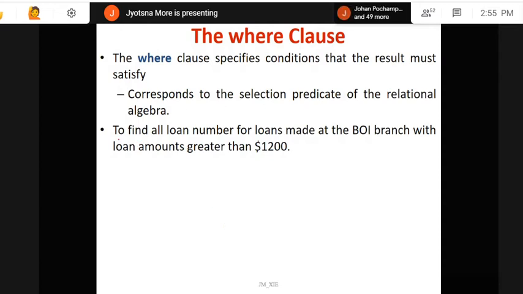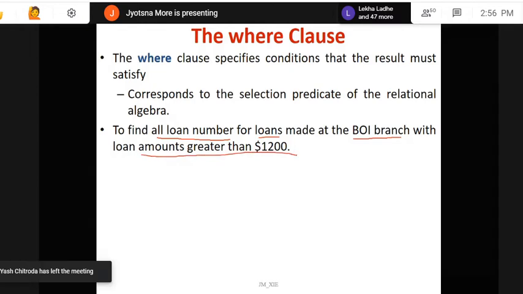That is for condition. Find all loan numbers for loans made at BOI branch with loan amount greater than $1,200. So this is the condition given. What do I have to find?